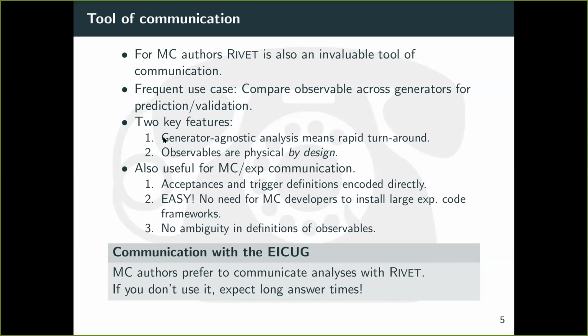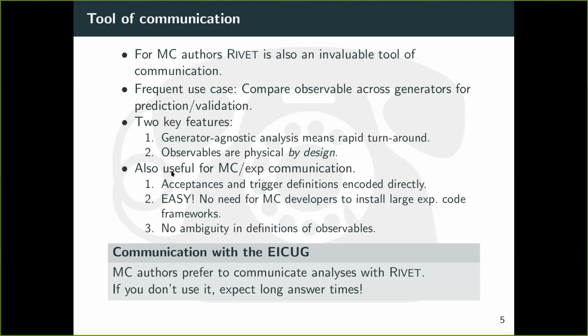First of all, the fact that I can write an analysis which I can apply to any Monte Carlo event generator which uses HepMC events means that I have a very rapid turnaround, because I can write down an analysis, pipe Pythia events through it, and then send it to my colleague in Herwig or Sherpa, and they can pipe events through it as well. And we know that there will be no fundamental differences between the analyses as applied. And secondly, as I said before, the observables we try to define are physical by design.